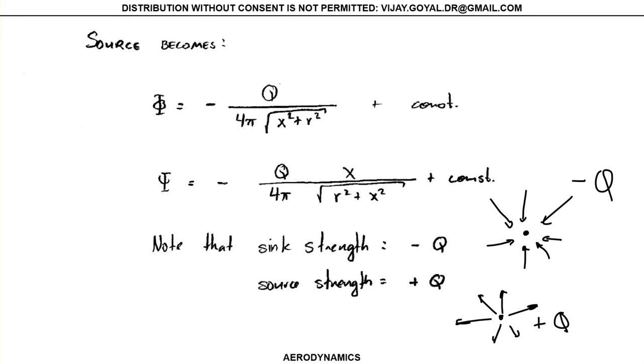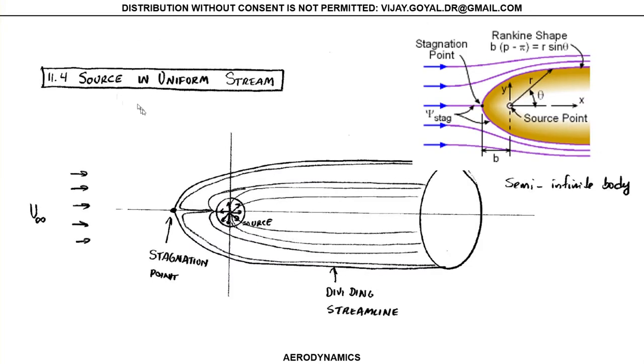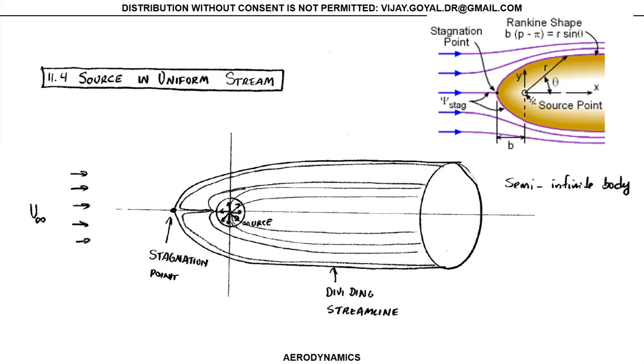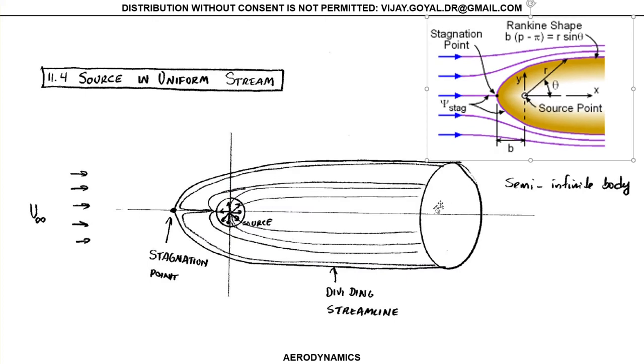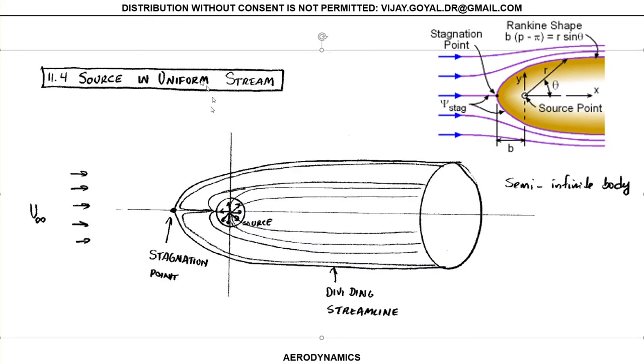Okay, so let's understand now how all this really works. To understand this, let's consider this case: the source in a uniform stream. Let's consider the Rankine shape. This is nothing else than a shape as you see here. So think about a cylinder that's semi-infinite.